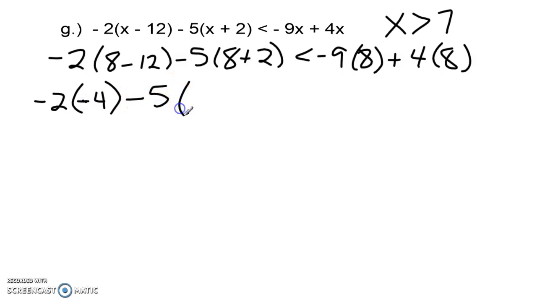Minus 5 times 8 plus 2 is 10. And then on the right, I can go ahead and multiply, right? All I have left to do is multiply before I add. So a negative 9 times 8 is a negative 72. And 4 times 8 is 32. All those calculations look okay to you?